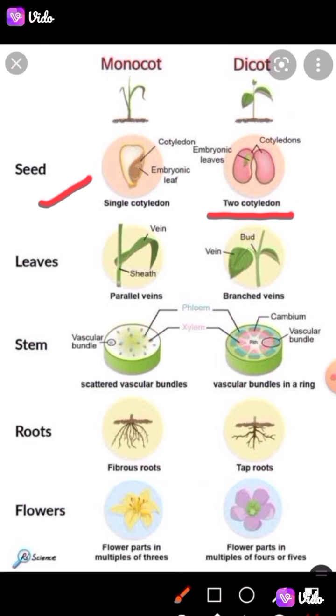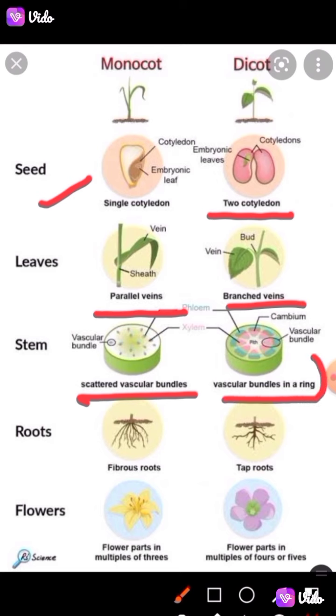In monocotyledons, leaves have parallel venation, whereas in dicotyledons the leaves have branched venation, or we can say reticulate venation. In monocotyledons, vascular bundles are scattered, whereas in dicots these vascular bundles are arranged in a ring. Monocotyledons have a fibrous root system, whereas dicots have a taproot system.